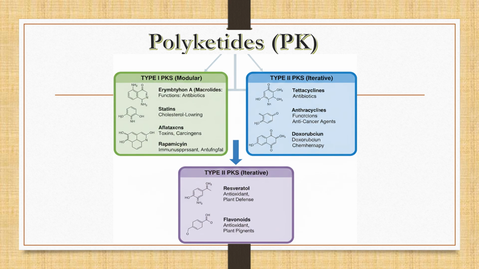Major subclasses include macrolides, polyenes, aromatic polyketides, and hybrid polyketide-peptide compounds. These molecules are predominantly produced by microorganisms such as bacteria and fungi, as well as some plants.